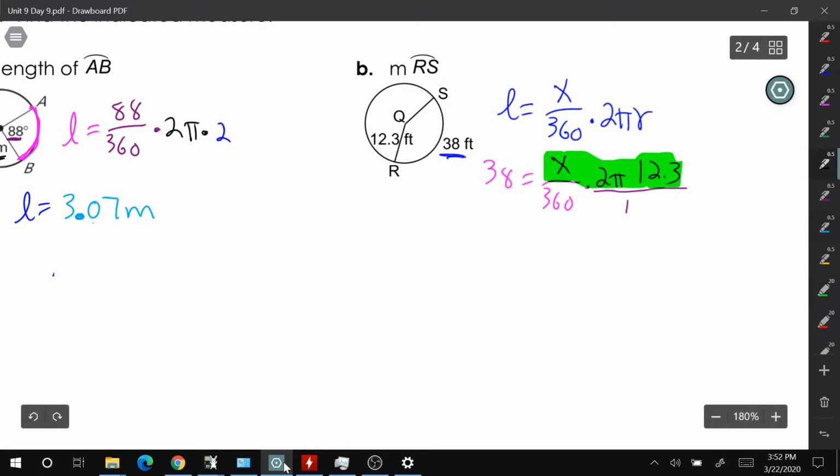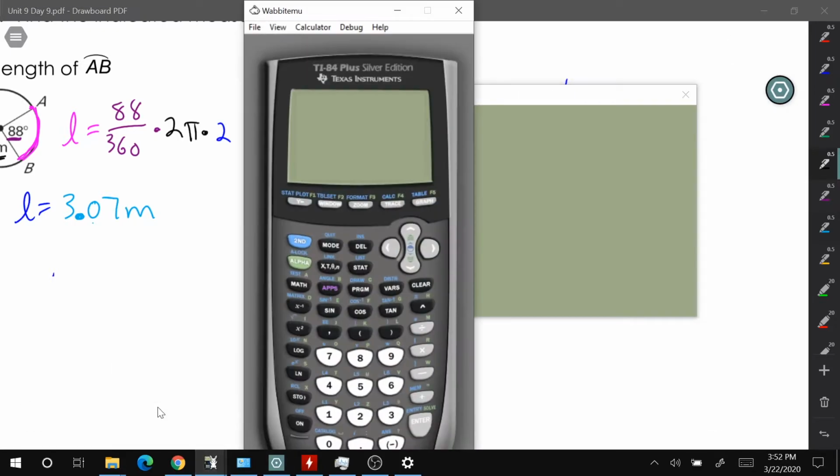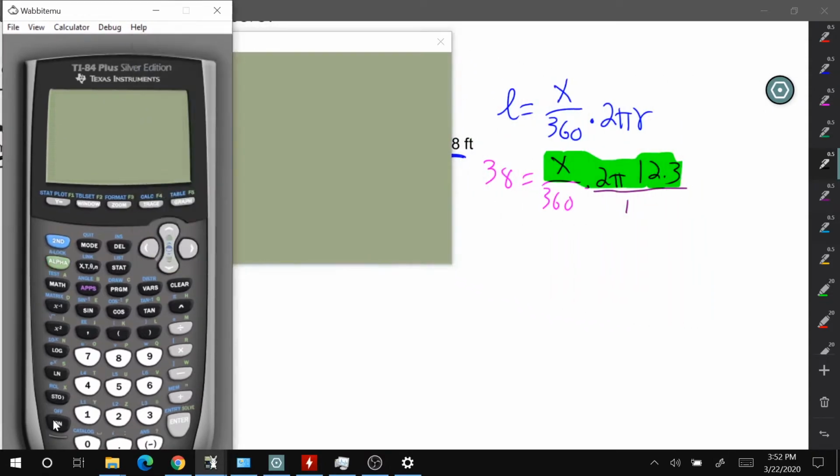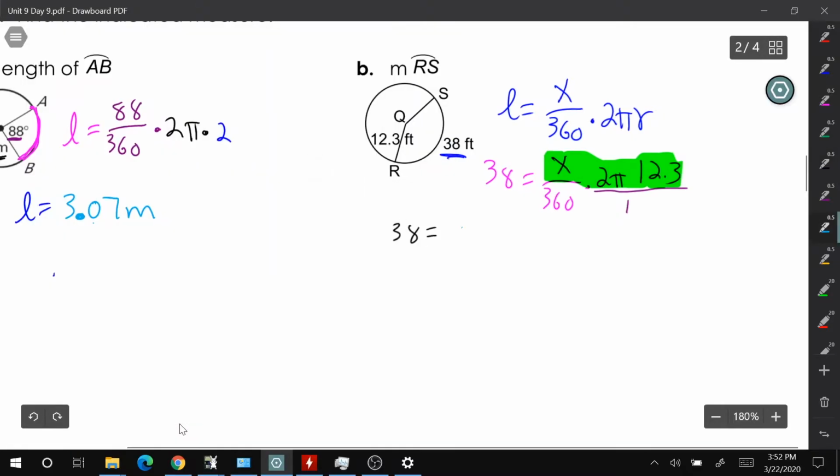So then it's going to be 38 equals, and when I type all that into the calculator, 2 times pi times 12.3, we get 77.28. So 77.28x over 360.